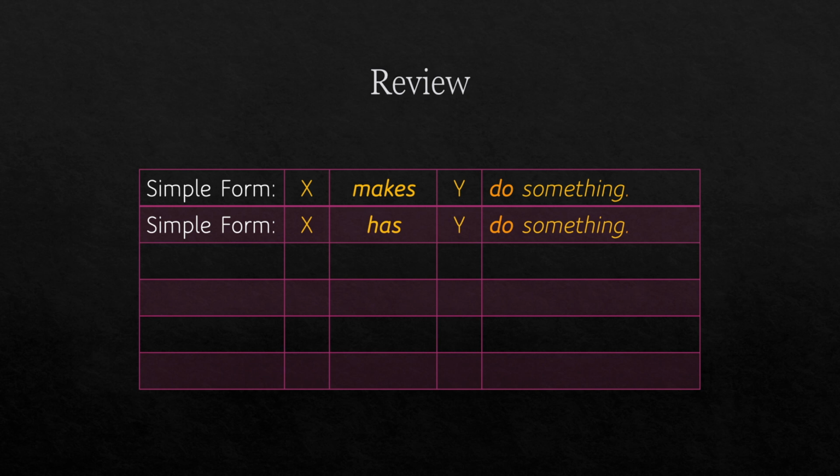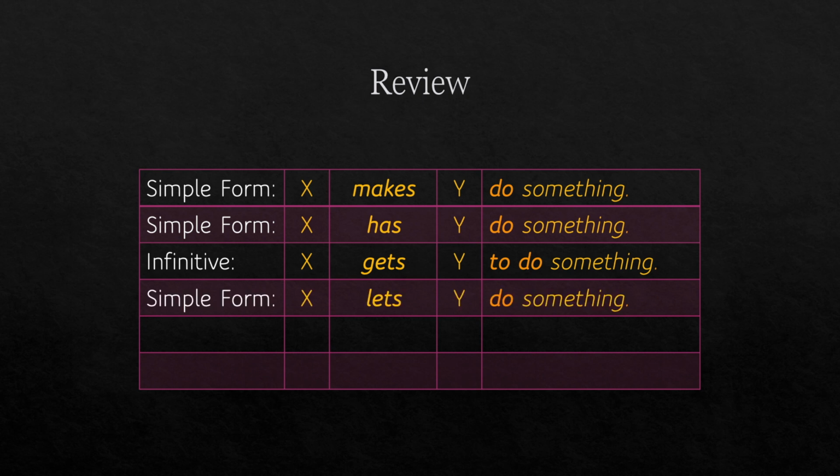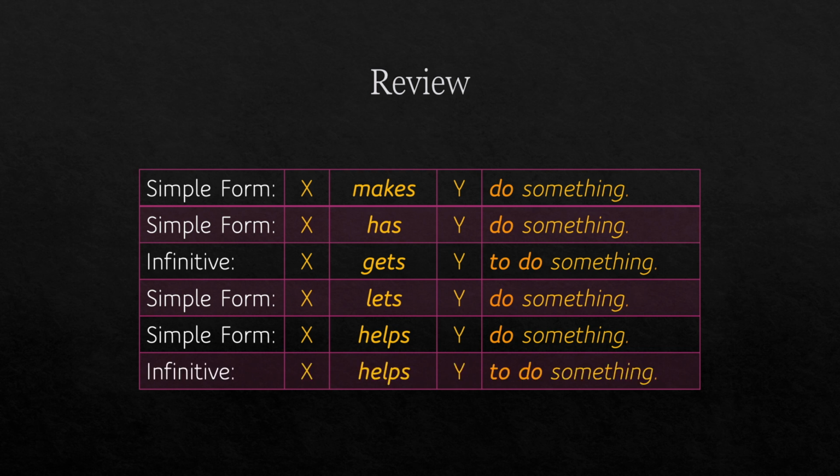Then we get to one that takes the infinitive. X gets Y to do something. Then another simple form, X lets Y do something. Another simple form, X helps Y do something. And finally, the other way we can use help is with an infinitive, and it becomes X helps Y to do something.